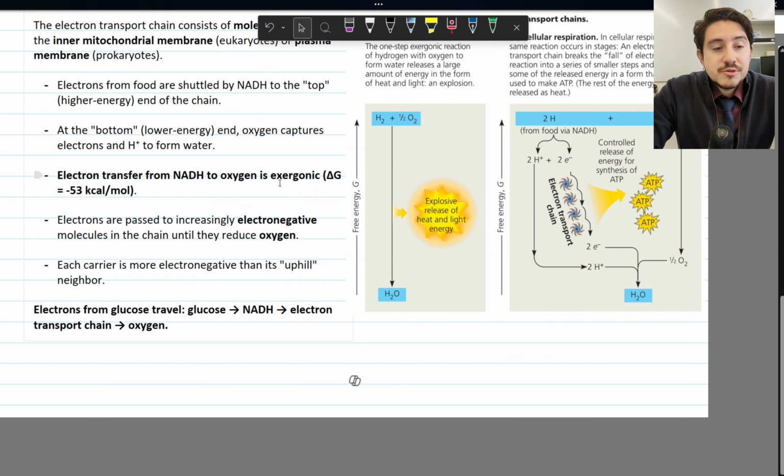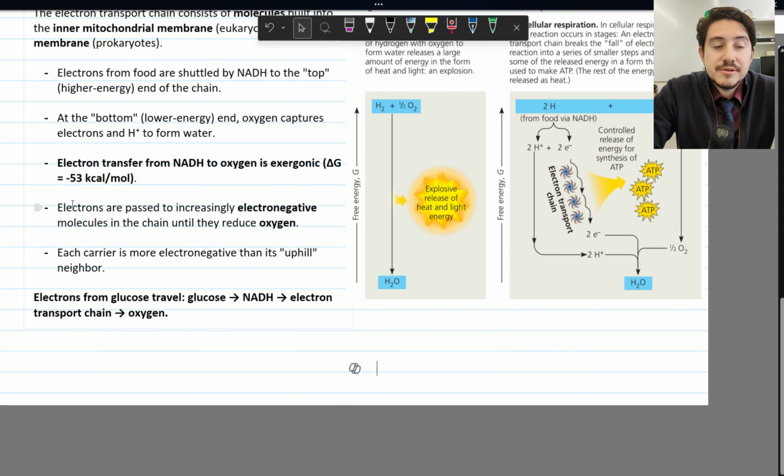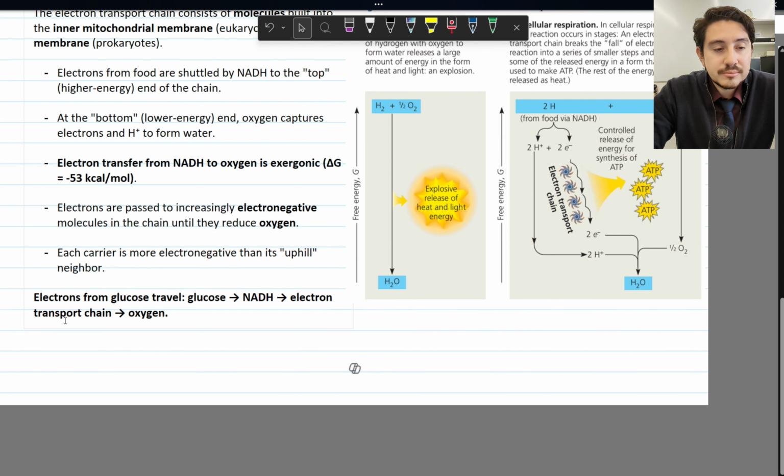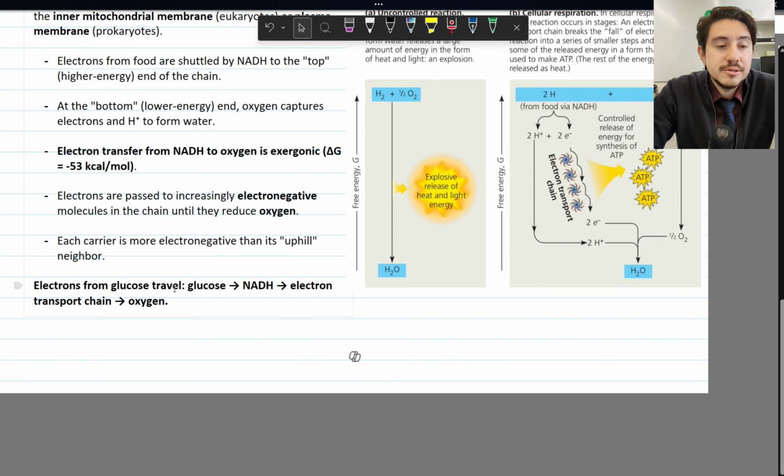So electron transfer from NADH to oxygen is an exergonic process. Okay, so it's generally a spontaneous process with a delta G of negative 53 kilocalories per mole. So as electrons are being passed through, each molecule is more electronegative, ultimately to the last acceptor of the electron, which is oxygen, the most electronegative molecule there that you see there.